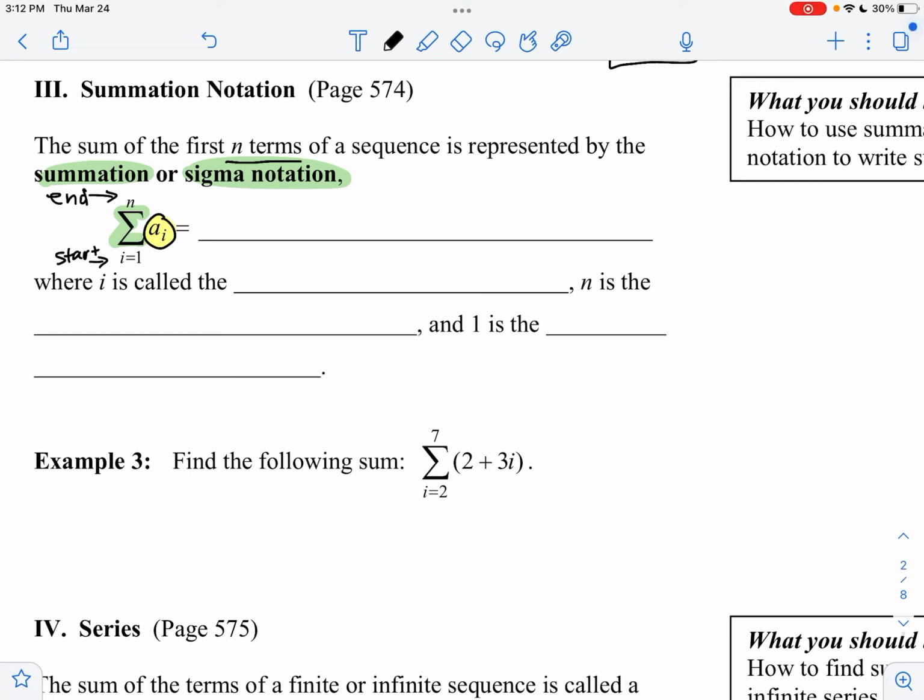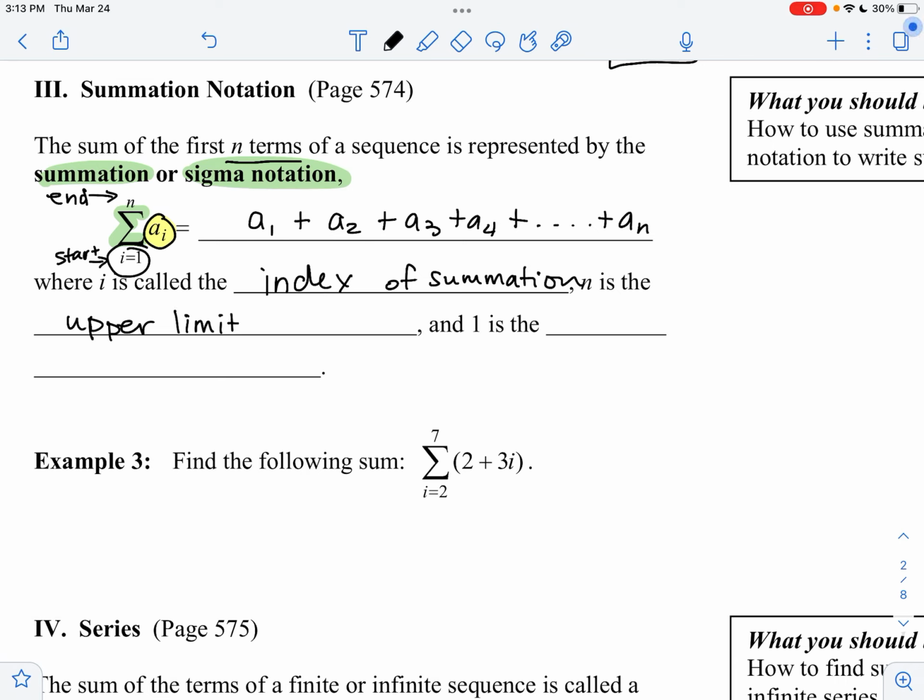So for this case, if i is 1, that's our starting point, so we're going to say a sub 1 plus a sub 2 plus a sub 3 plus a sub 4, all the way to whatever the nth term of a is, okay? i is also called the index of summation. n is the upper limit, meaning that's where you end, and 1 is the lower limit.